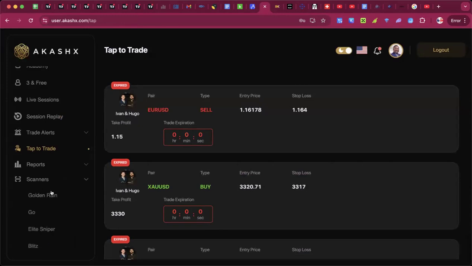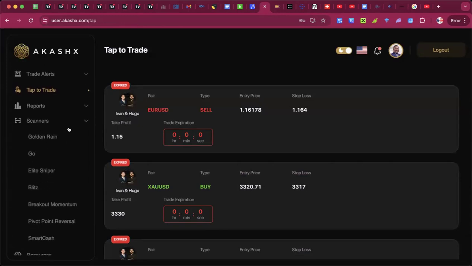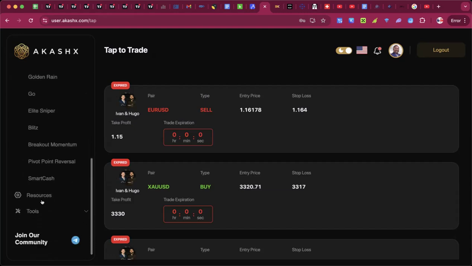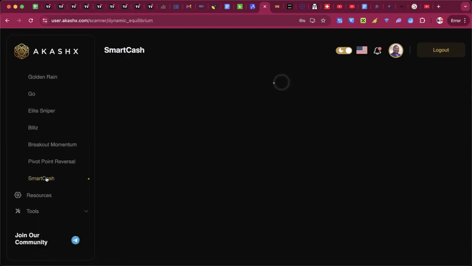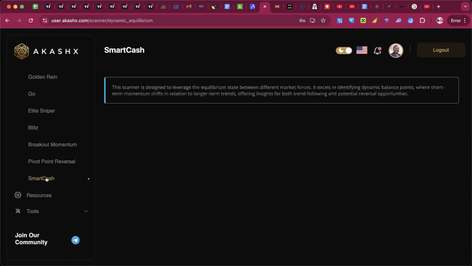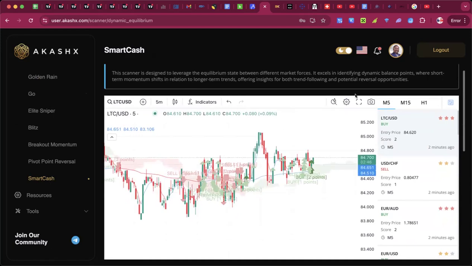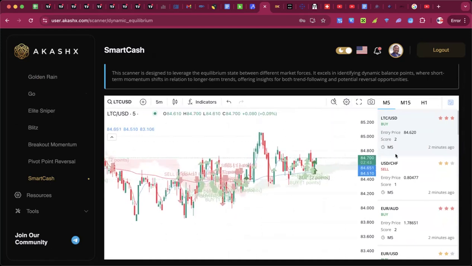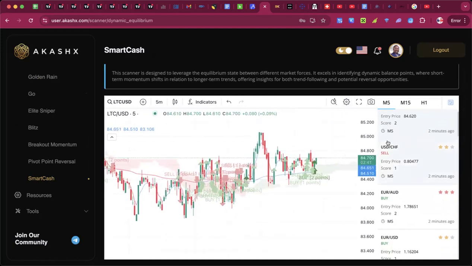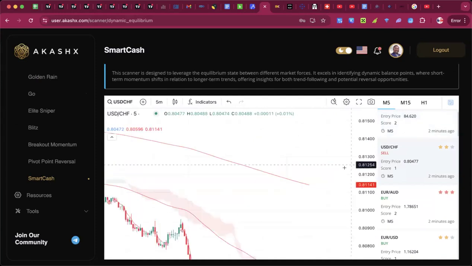So remember when you hear about a scanner, it's just customized indicators that are just written to suit. So sometimes some of those indicators can be too clumsy.